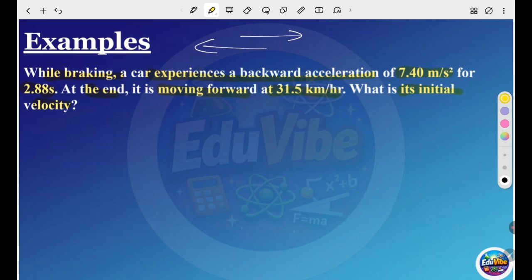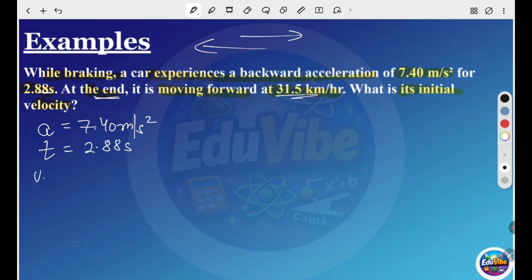Firstly, we have the acceleration, which is 7.40 meter per second squared. We have the time, which is 2.8 seconds. And at the end, the final velocity is 31.5 kilometer per hour. We have to convert kilometer per hour into meter per second, because with acceleration, velocity is always in meter per second.